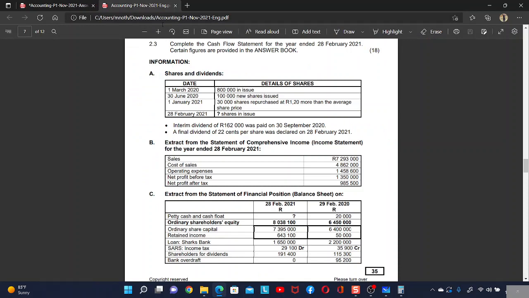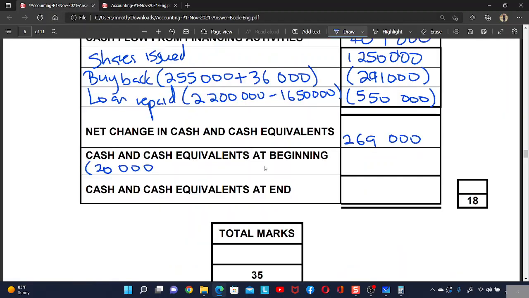Because the bank overdraft has a negative balance, we have to subtract it. Minus 95,200. So 20,000 minus 95,200. So the answer is 75,200.